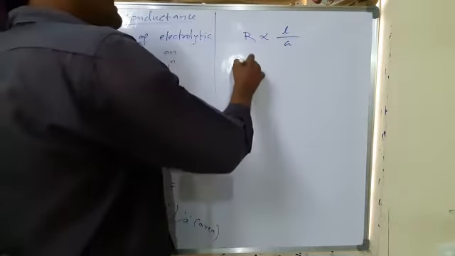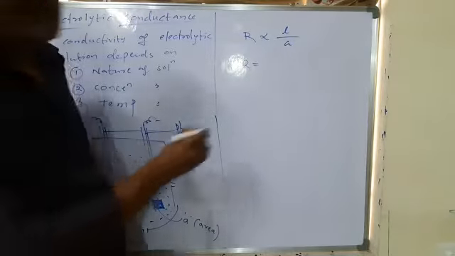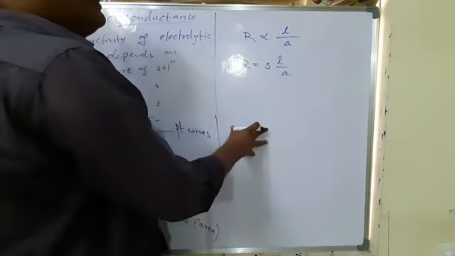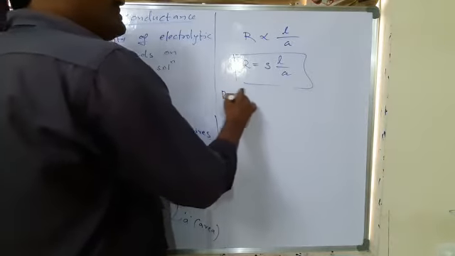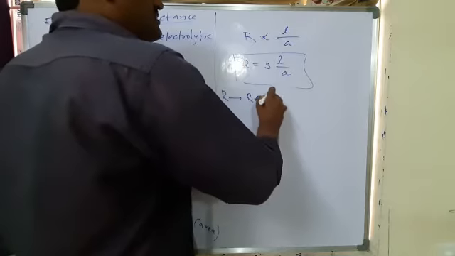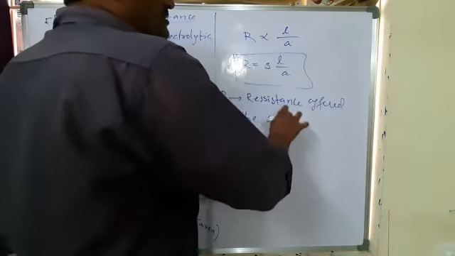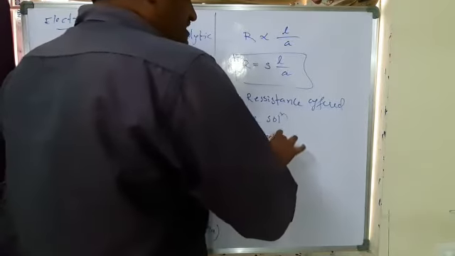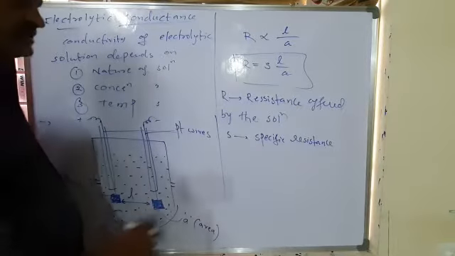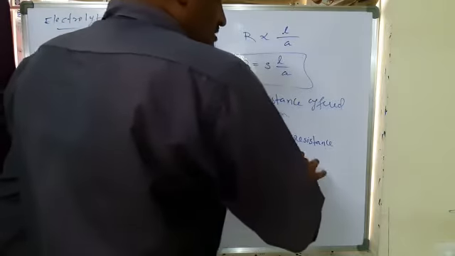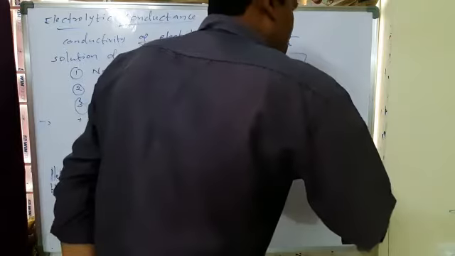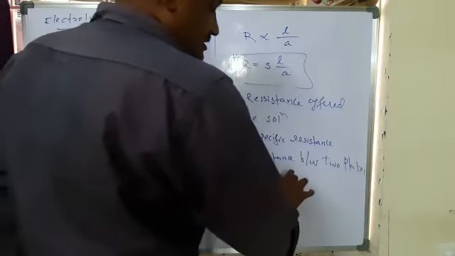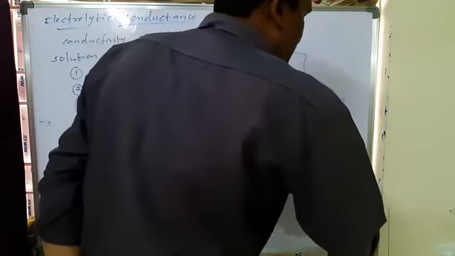So R equals S into L by A. Here R is the resistance offered by the electrolytic solution, S is the specific resistance, a constant value, L is the distance between the two plates, and A is the area of cross section of the electrolytic plates.